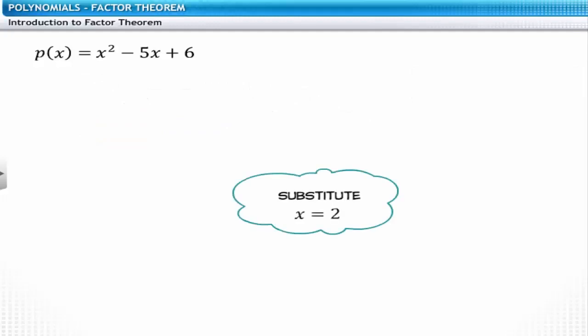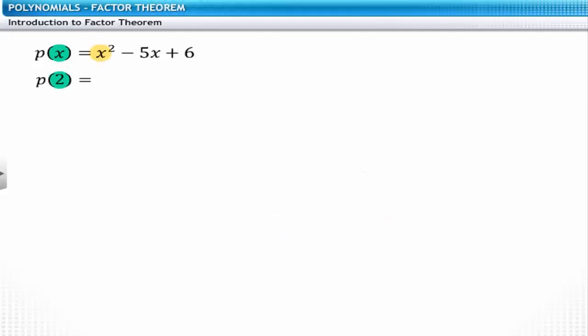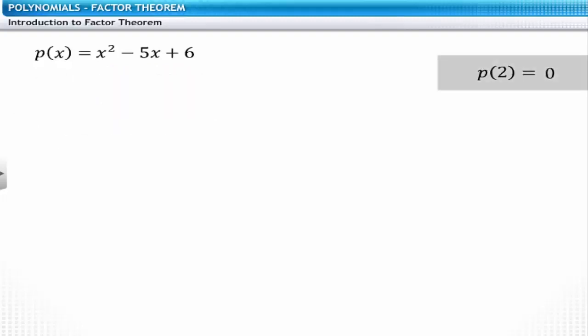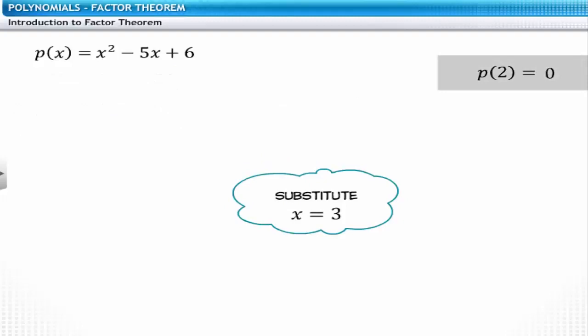Now, we'll substitute x equal to 2 in the polynomial. We get p of 2 equal to 0. Similarly, we'll substitute x equal to 3 in the polynomial.